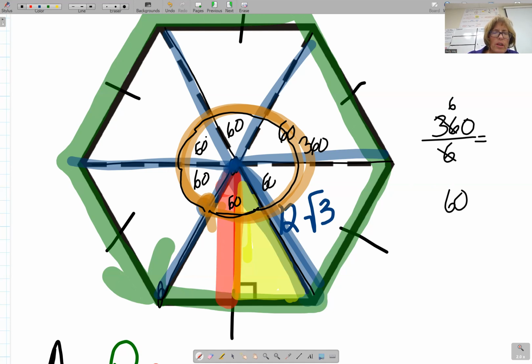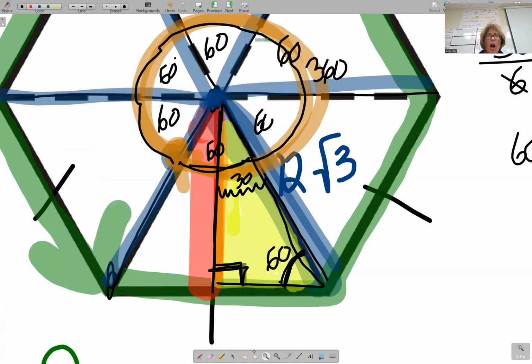Which means if you look carefully, this yellow right triangle, see this squiggle here? That's 30. That's 90. Which means this out here is 60. We got ourselves a 30, 60, 90. Short leg root 3, short leg times 2.